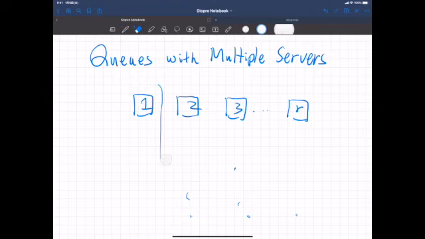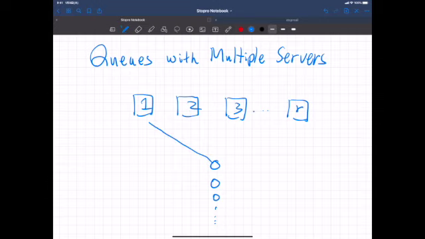So in our case, we consider a single queue. There is only one queue, and as a server becomes free, a customer is served at that server. Which server doesn't matter, as long as it's free, then a customer is served, of course, if there are customers to be served.